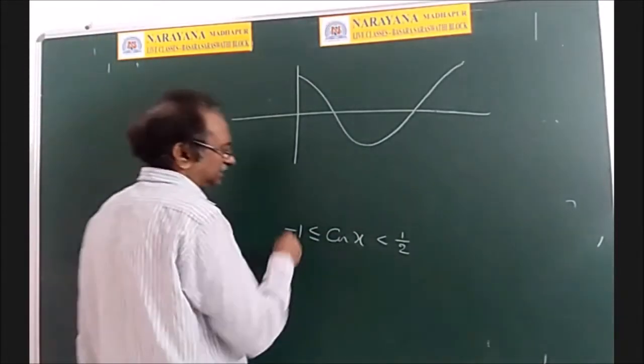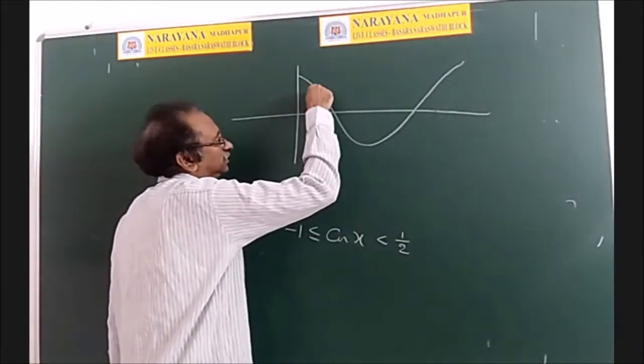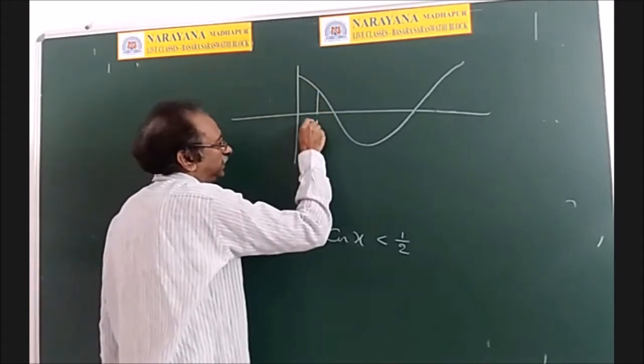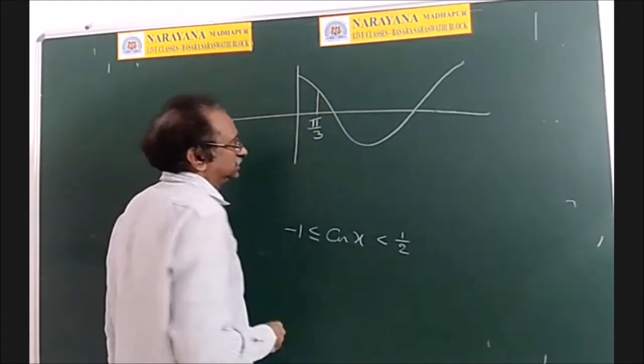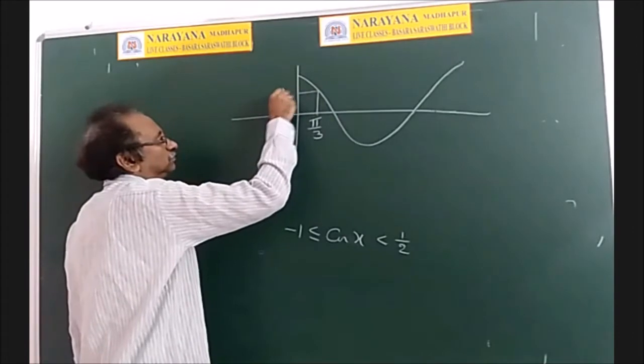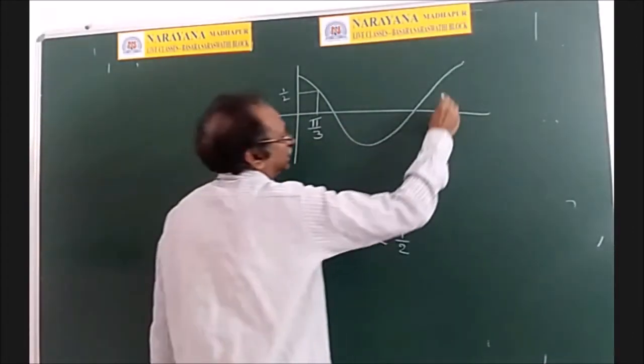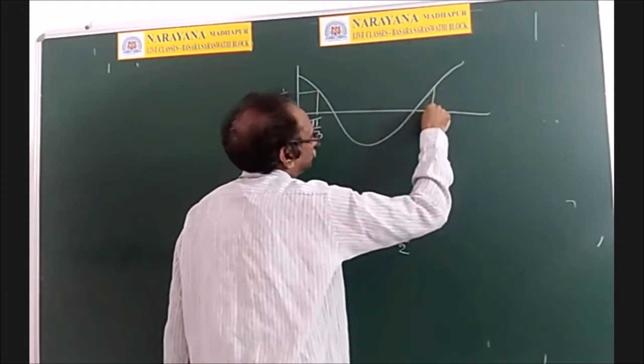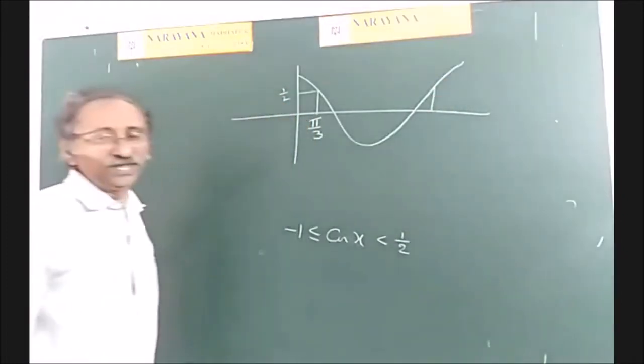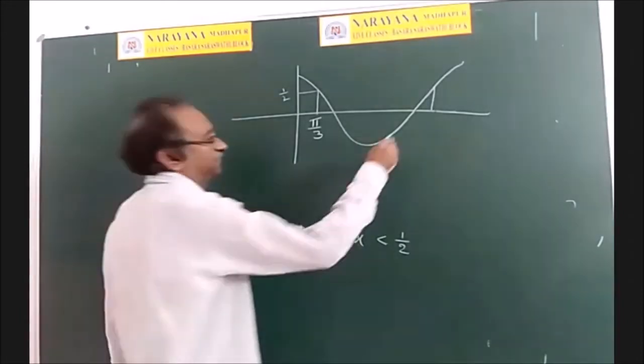Where cos x is half, here it is pi by 3, since cos 60 is 1/2. Again, there is another half in the fourth quadrant, and that is 2 pi minus pi by 3, that is 5 pi by 3.